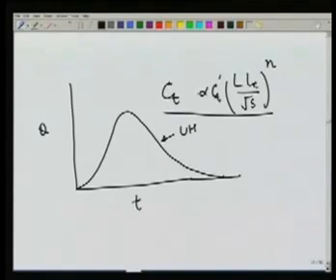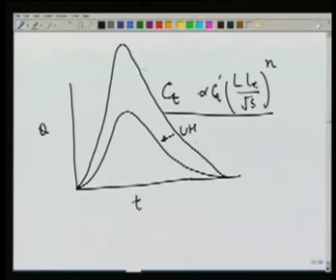For example, if we know the depth of rain is 1.5 centimeters, we can derive a DRH which will have everywhere ordinates equal to 1.5 times the UH ordinate.